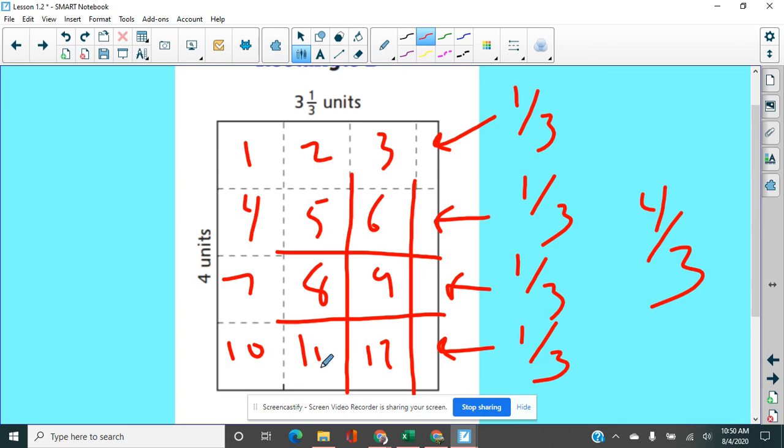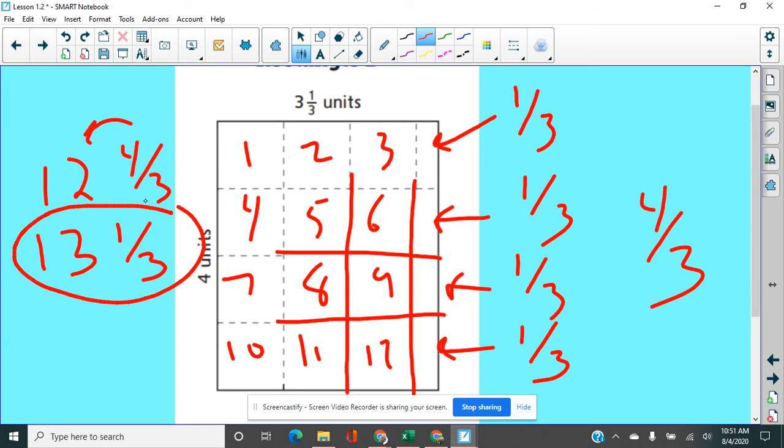So when I put that with my whole numbers, I have 12 here, and then I have 4/3 more. 12 and 4/3. Now, that's an improper fraction. If you remember from last year, we can turn that into a mixed number. 4/3, well, 3/3 of that 4/3 is one whole. So if I give three of them over here, now I have another whole, and I have 1/3 left over. So my answer for this rectangle is 13 and 1/3.